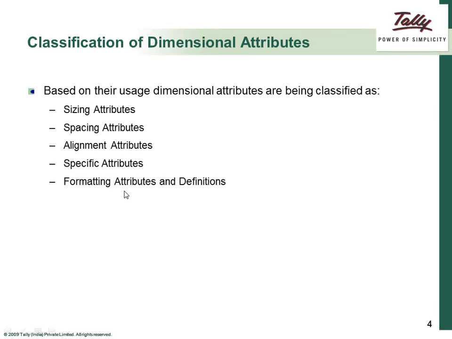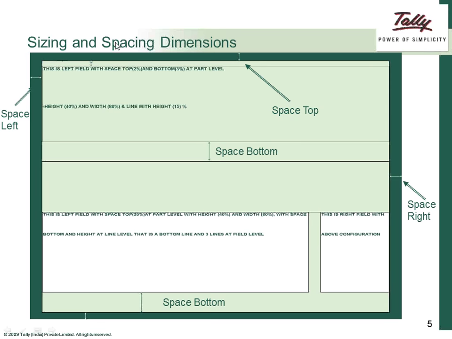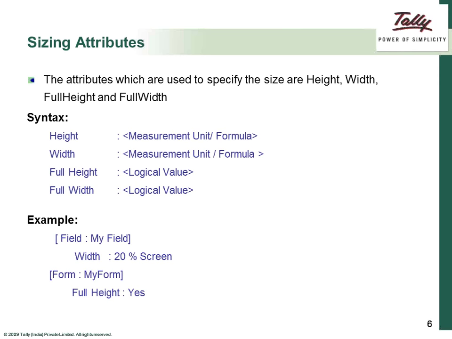So let's look at the sizing attributes that we have. Sizing and spacing. This is one of the Tally screens we have made. Sizing attributes are the height, width, full height and full width. For a field we can give width, for a line we can give height, and at the form level we can give full height or full width.